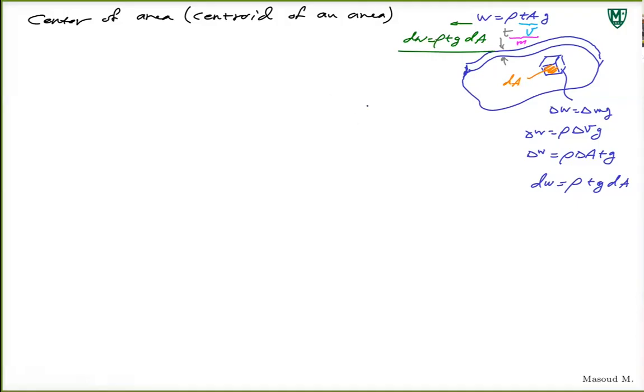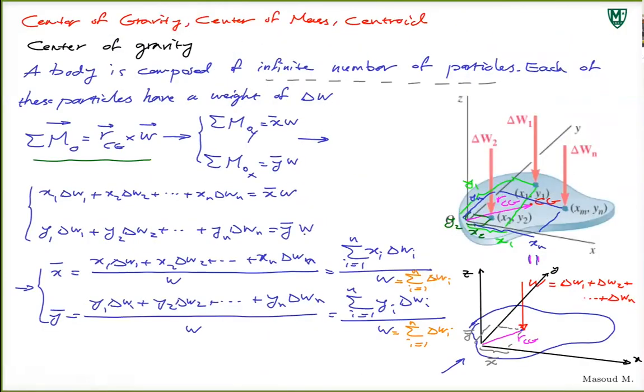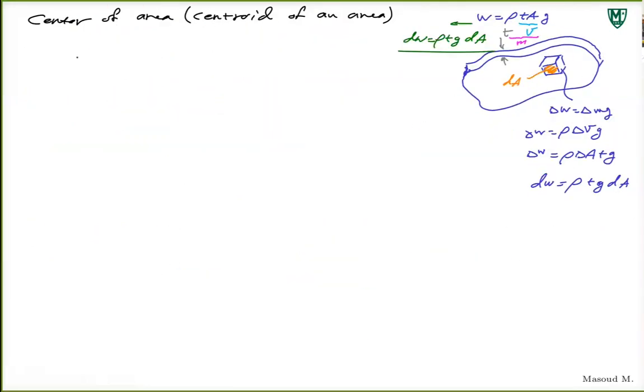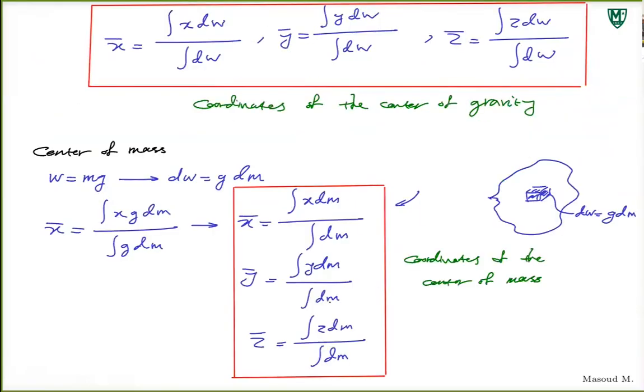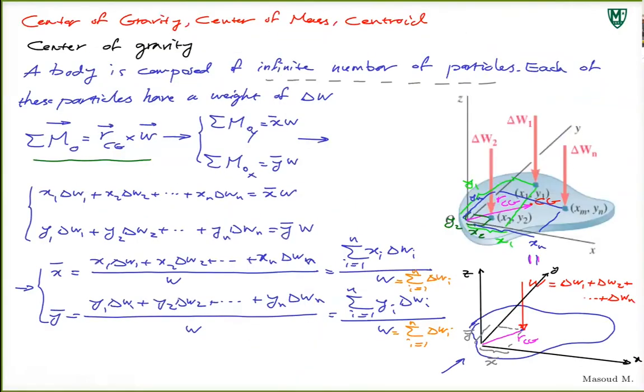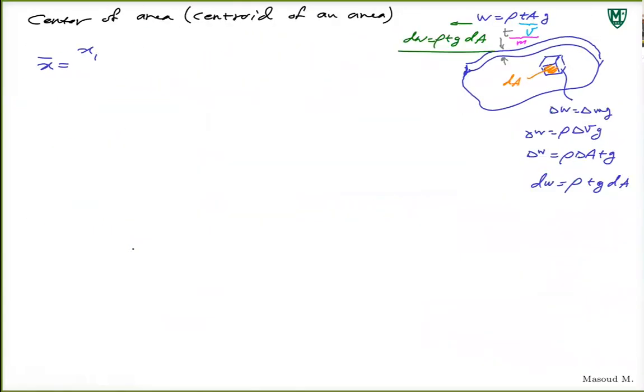So going back to what we started, these two fractions, x bar was x1 delta W1 plus x2 delta W2, going on to xn delta Wn. You can actually rewrite this now. You can write x bar is equal to x1, and instead of delta W1 right here, you can write for one element rho T g delta A1.